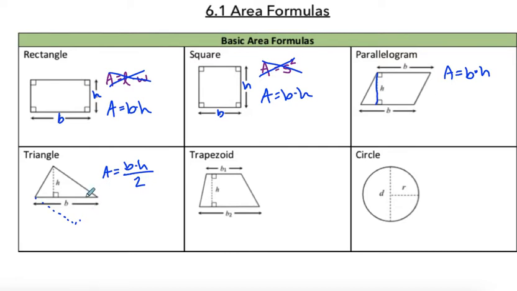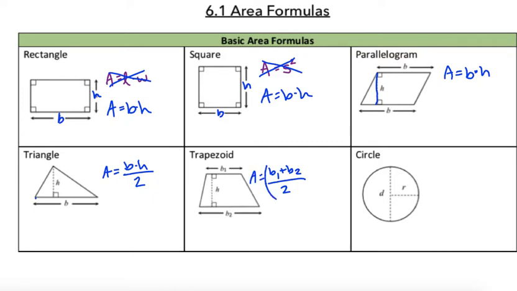When we look at a trapezoid, this is our first time where we don't have two bases that are the same length like we did on rectangles, squares, and parallelograms. A trapezoid still has two bases connected by a height, but these bases are now different lengths. So what we do is still this base times height idea, but we take base 1 plus base 2 and divide by 2.